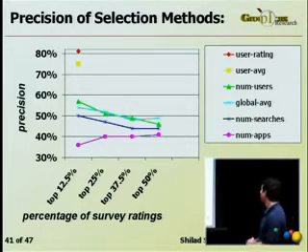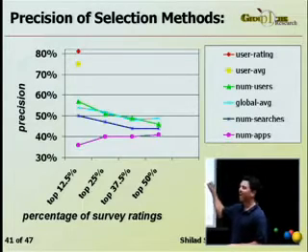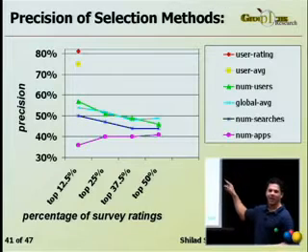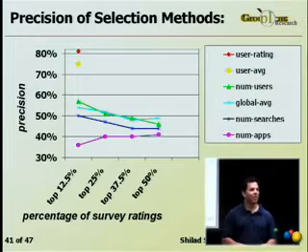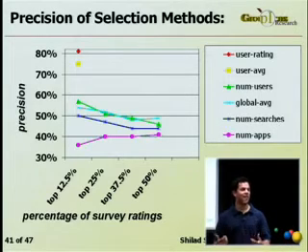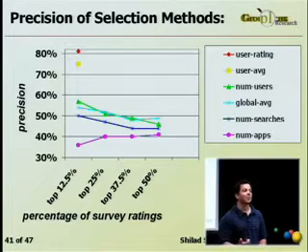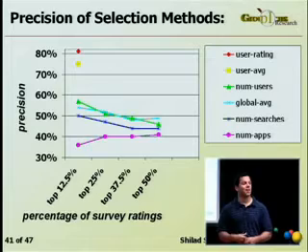But more interestingly, global average barely does as well as the best implicit measure. So the number of users who have applied a tag is as powerful a predictor as global average. This is pretty surprising to me. I actually expected explicit tag rating feedback to be much stronger than this.